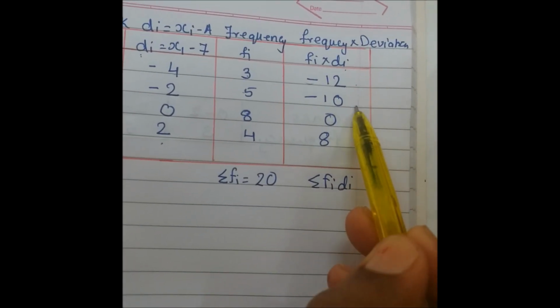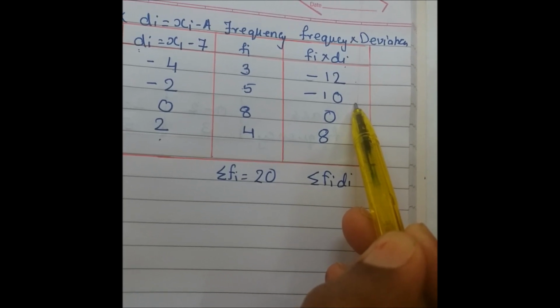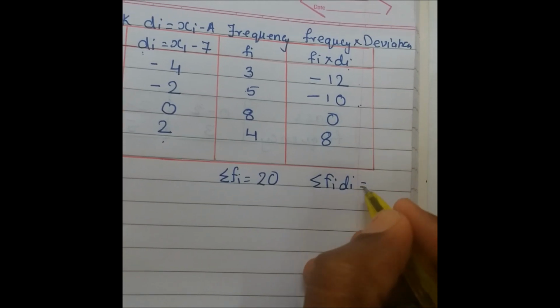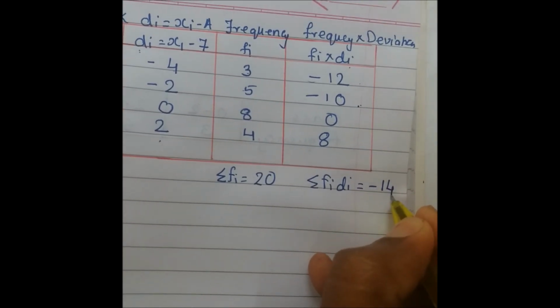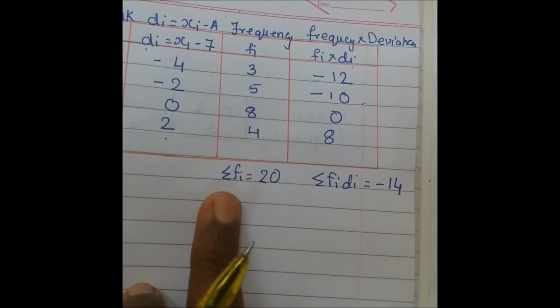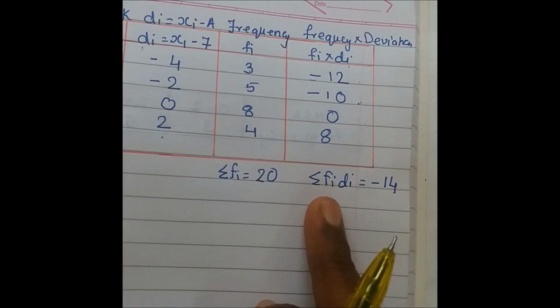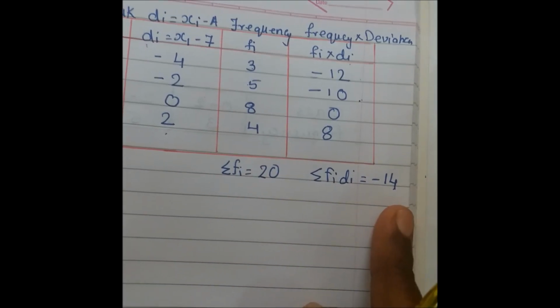Minus 12 minus 10 is equal to minus 22. Minus 22 plus 8 is equal to minus 14. You got the sum of fi into di. Both the values you got.